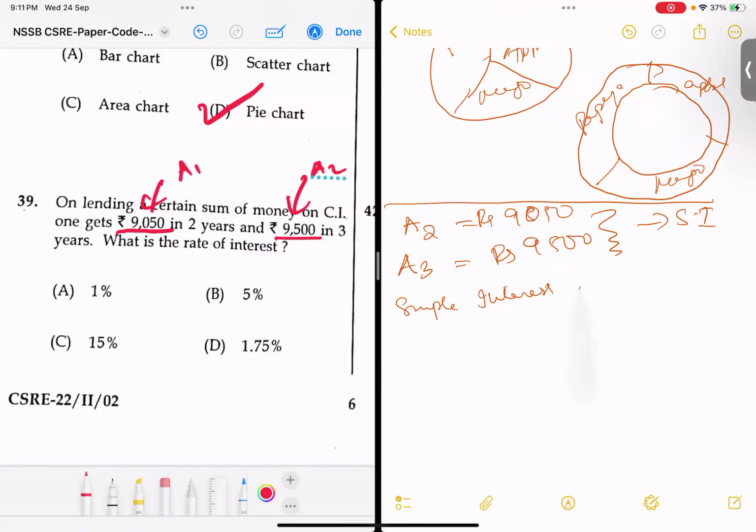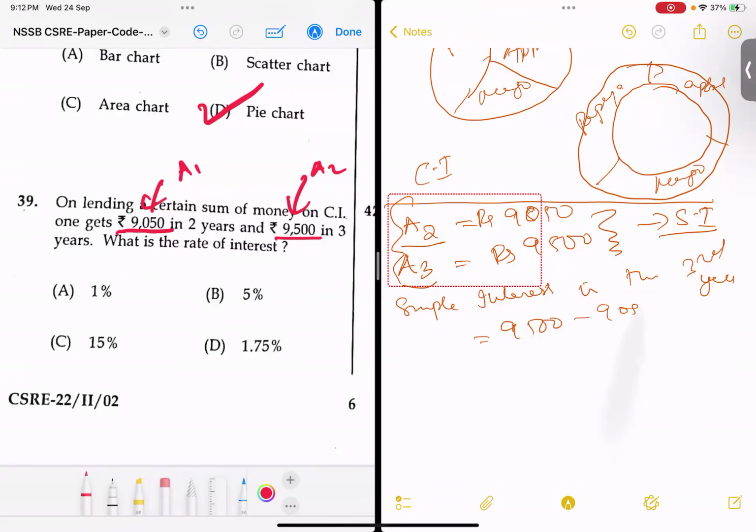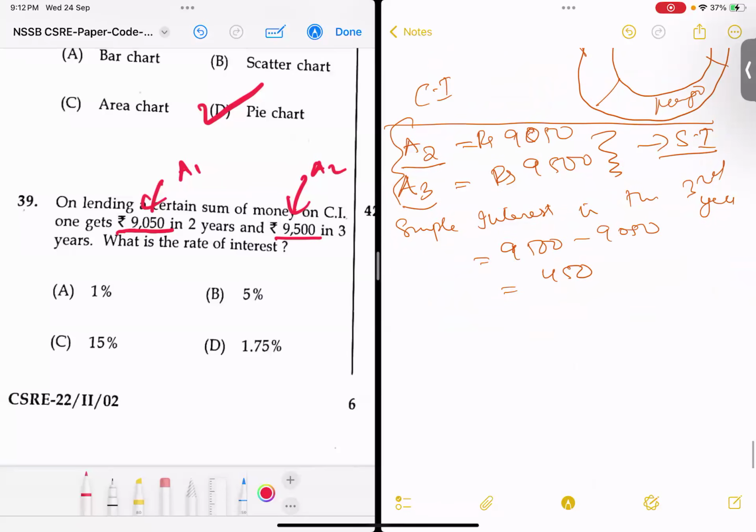Now, the simple interest in the 3rd year. This has been included as part of the compound interest, right? But if you subtract the amounts based upon compound interest, you will get the simple interest, okay? So if you subtract 9,500 minus 9,050, you'll get 450. So this is the simple interest in the 3rd year, okay?